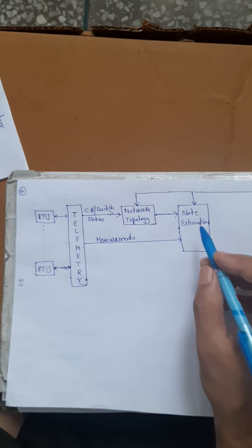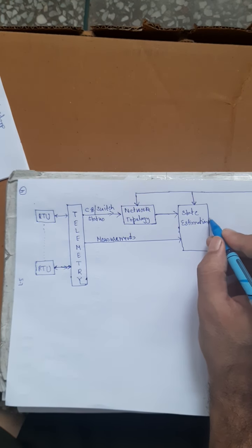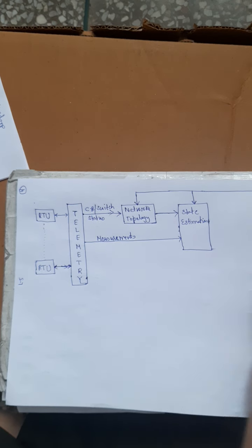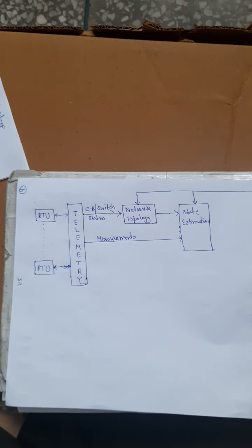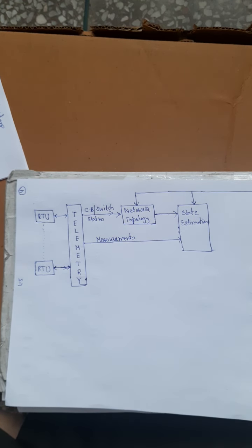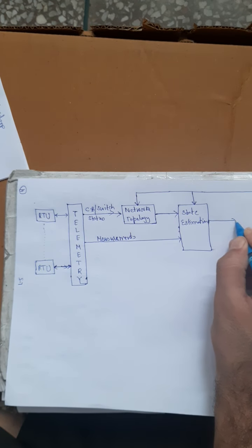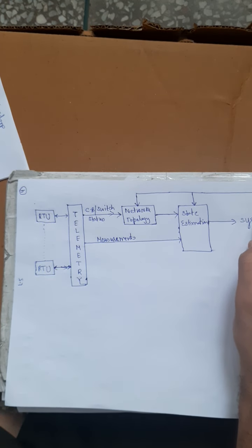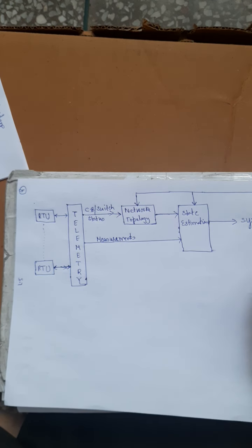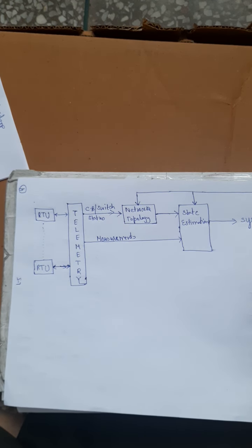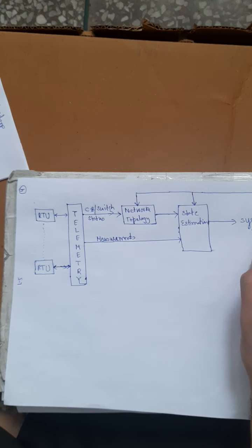So what is happening: the state estimation will estimate the states V and delta, and from that we can calculate other power system quantities like voltage, power P and Q, voltage violations and other things, and all of this will go to the system information for display.